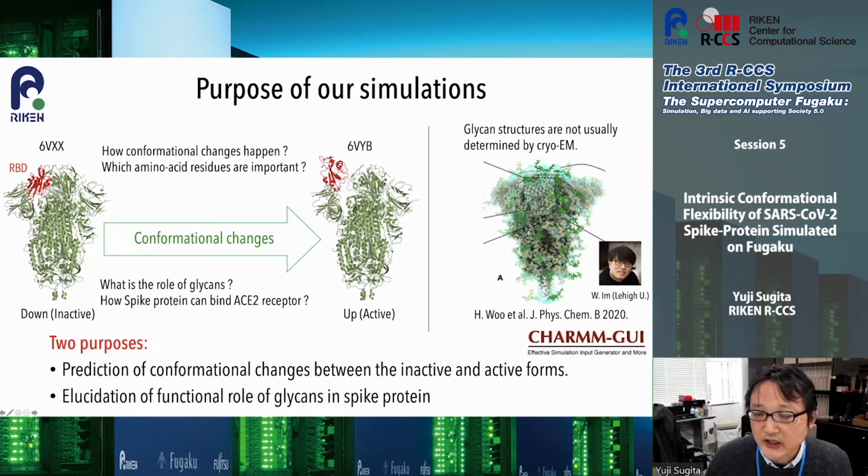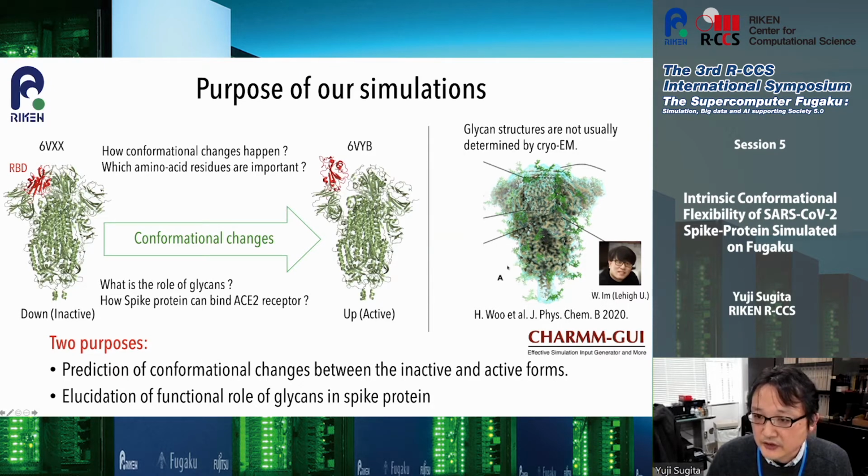As you see in these figures on the right, the spike protein is on the surface. There are so many glycans. However, due to the flexibility of glycans on the surface of the spike protein, in cryo-EM studies these glycan structures are not clearly visualized.